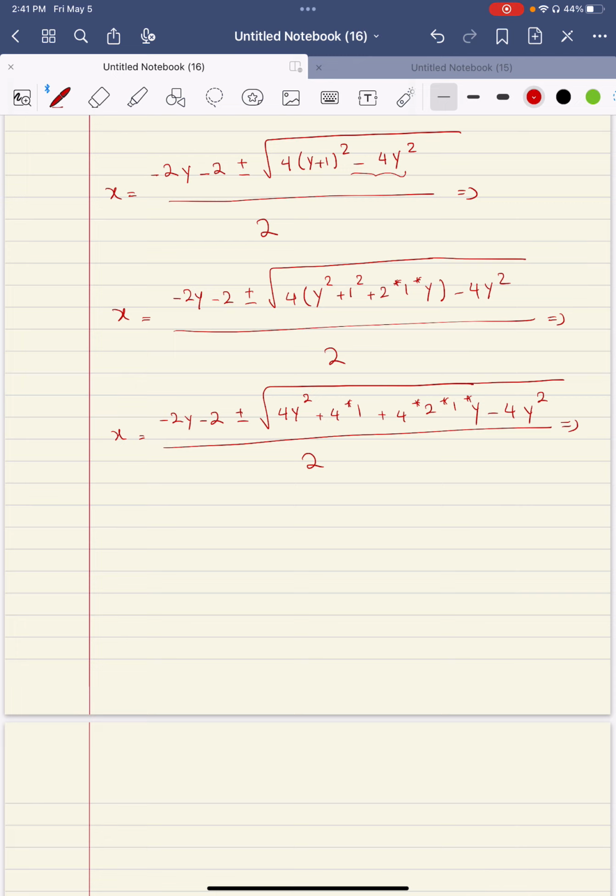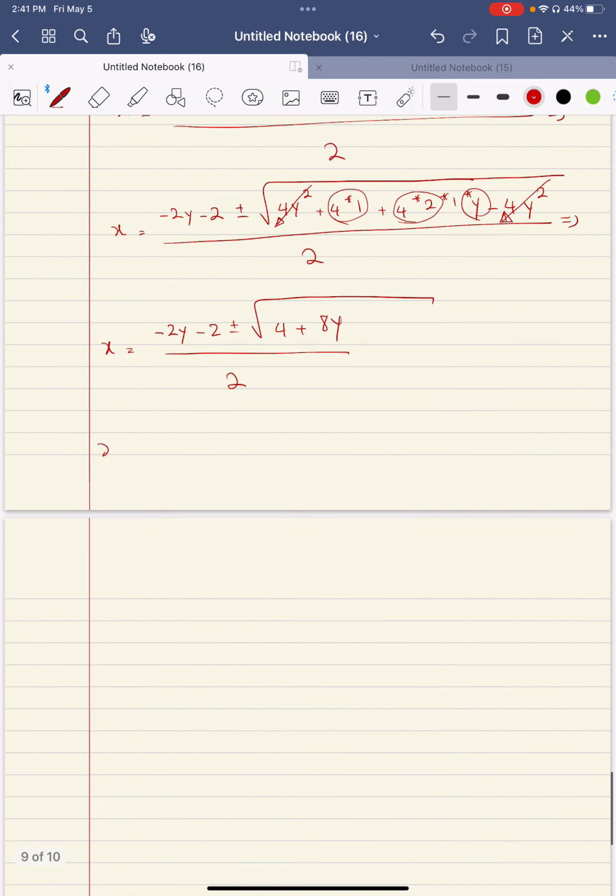So the 4 times y to the power of 2 in here and there will cancel out each other. So x would be minus 2y minus 2 plus minus root of 4 plus 8y over 2.